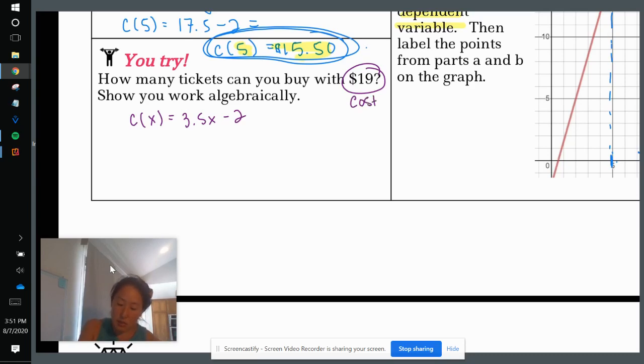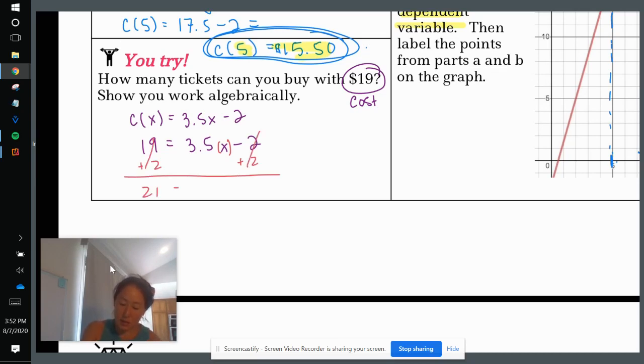So it's going to replace the C of x. Okay. So $19, the total, is equal to 3.5x minus 2. Now we're solving for this x value because we want to know how many tickets we purchased to equal $19. I'm going to add 2 to both sides to solve for x.